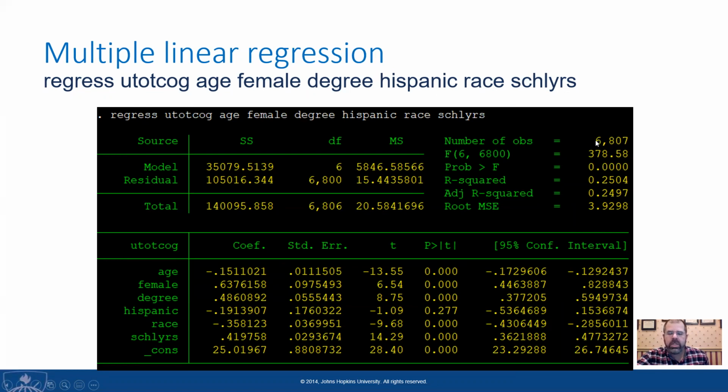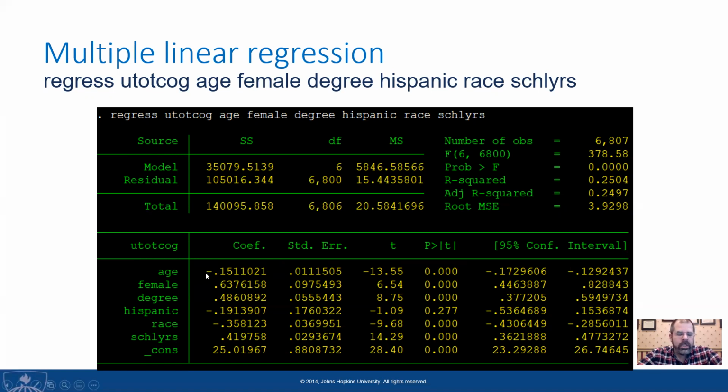This merits exploration to better understand why we have a reduced sample in our regression. The F statistic is much more strongly significant, which implies that these 5 additional variables, in addition to age, are contributing a lot more to being associated with the cognitive outcome. The R squared now is about 25%, which means that 25% of the variation in UTOTCOG is explained by these demographic variables.